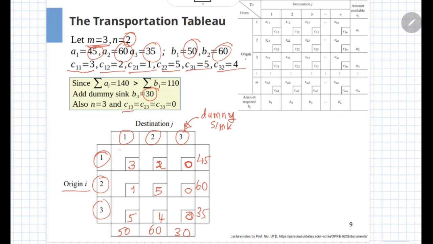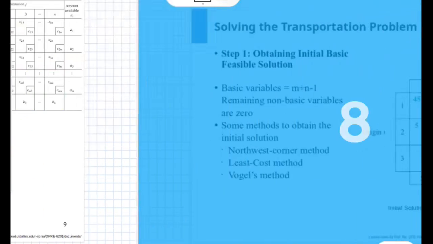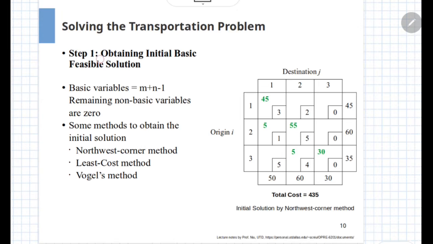Solving the transportation problem involves finding out the quantities which are to be supplied from every origin to different destinations. So we have to determine these particular numbers. The first step in solving a transportation problem is to obtain an initial basic feasible solution.